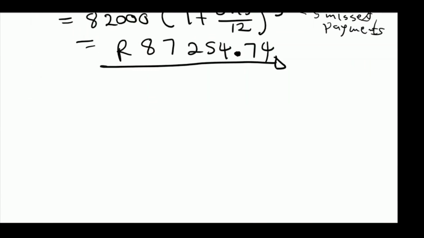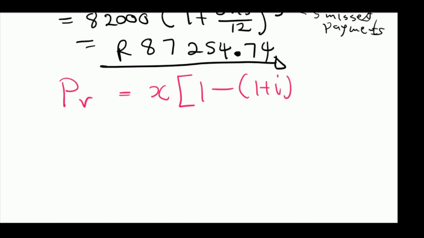So we know very well that the equation for the loan is the present value annuity, which equals x into 1 minus 1 plus i to the power of minus n, divided by i, right? And the loan is this one here, which is 87,000 rand, 254.